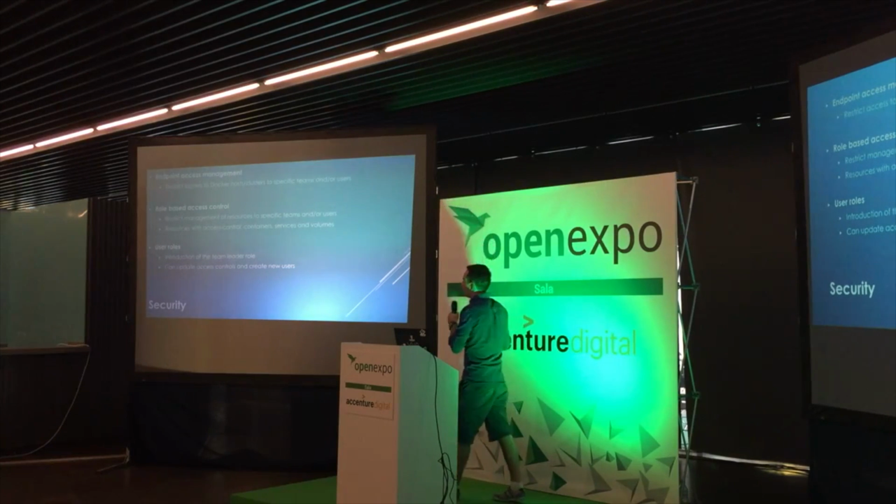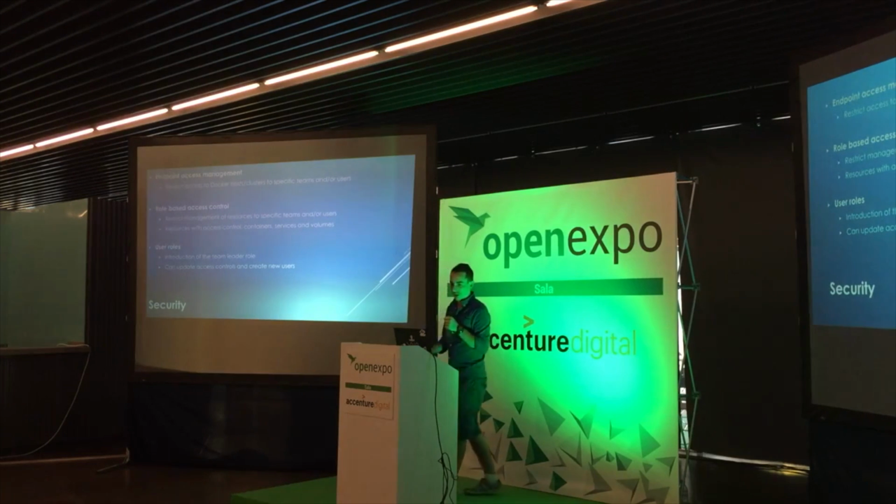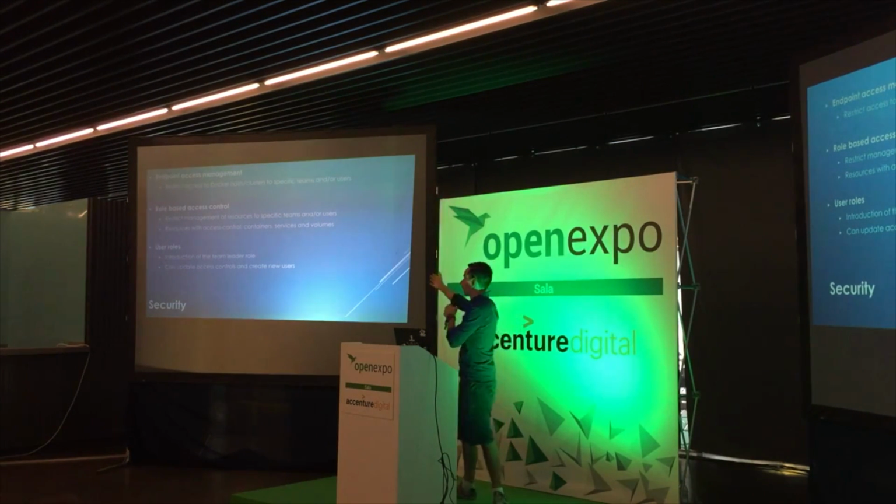We also like to be able to isolate resources. So containers, for example, if I got two development teams accessing one Docker environment, I want the team A to be able to create and run the containers, but with the team B not being able to manage or see these containers. So these would be totally isolated. This is what we're trying to do. So you can actually do that with the latest version.